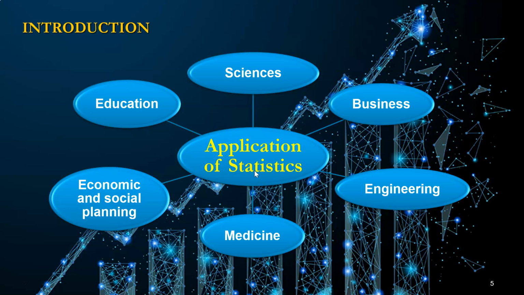We can use statistics in sciences, physics, chemistry, biology, and as well as mathematics. And we can also use statistics in business, engineering, medicine, economic, and social planning, as well as in education. So these are all the application of statistics.